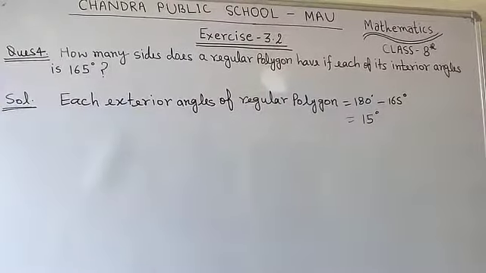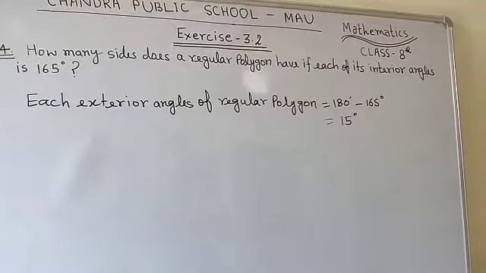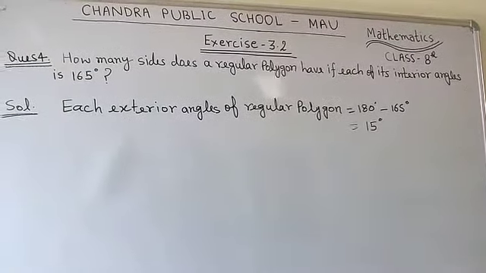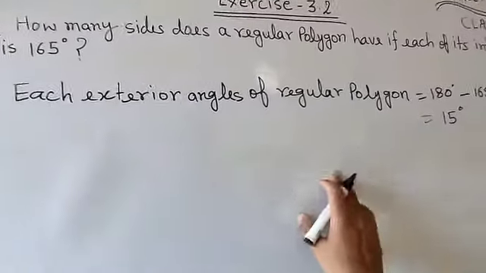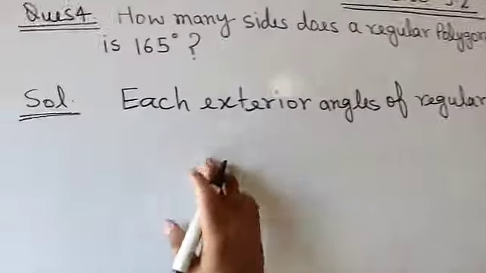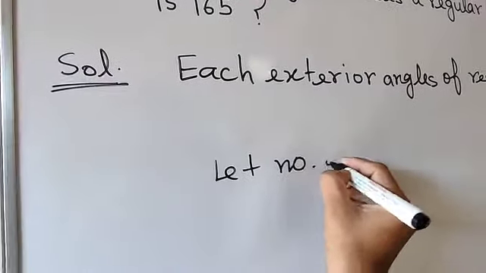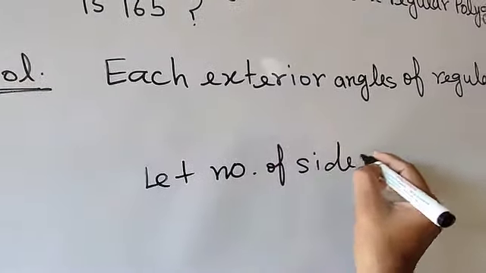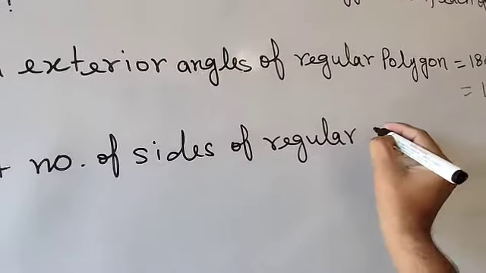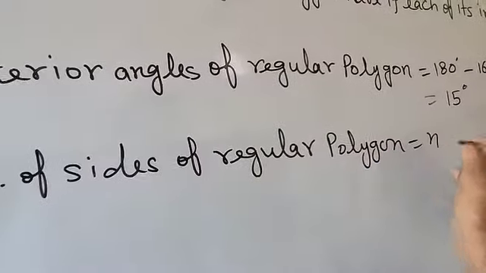Now it is just like the previous question. In question number 3, each exterior angle was given as 24 degrees. Whatever formula you applied there, the same formula you will apply here. So here I am going to give the complete solution. Each exterior angle is 15 degrees. Let the number of sides of a regular polygon be equal to n.